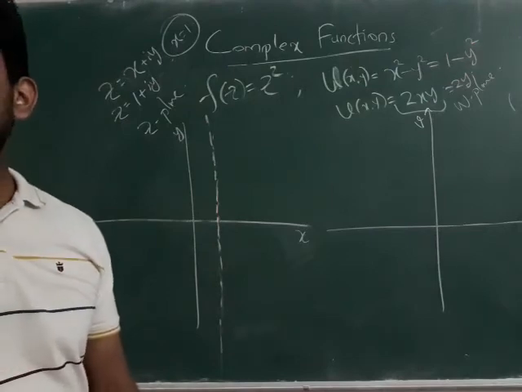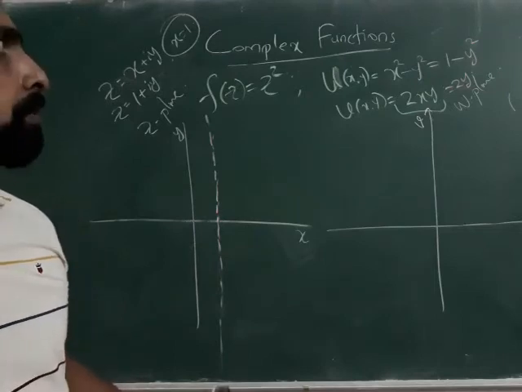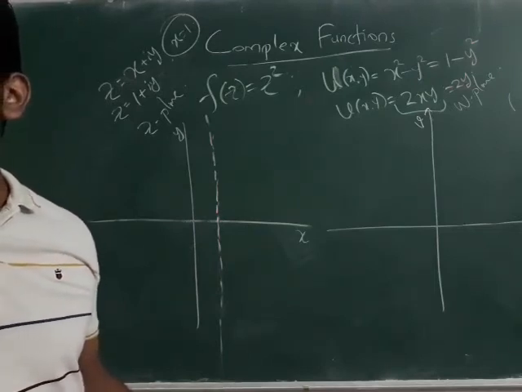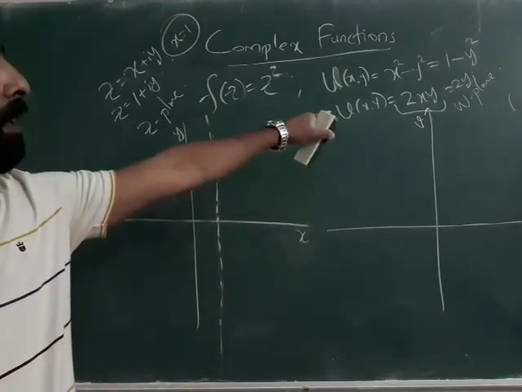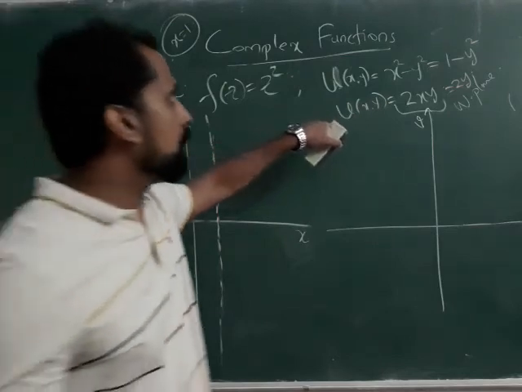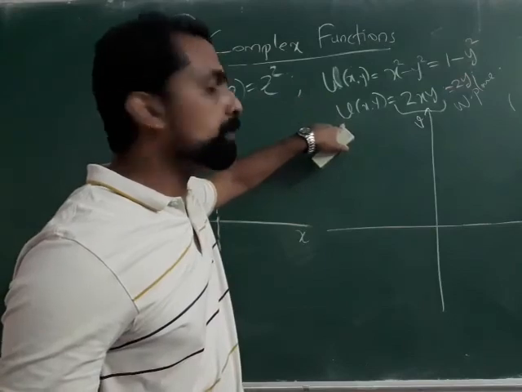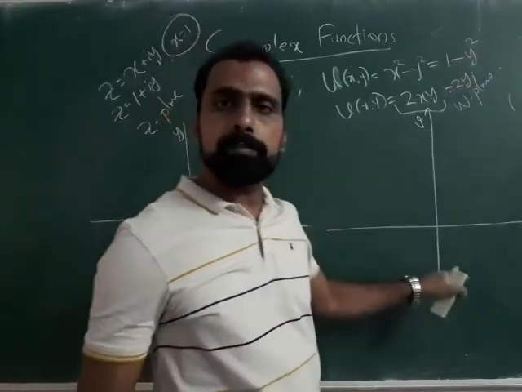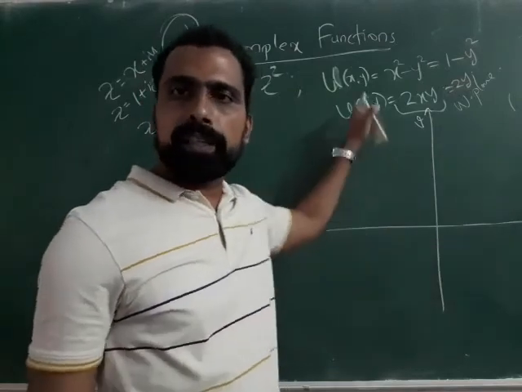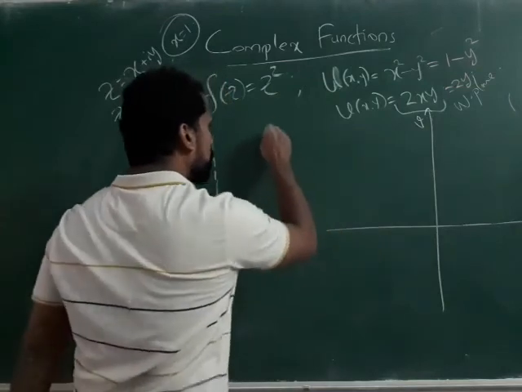Now how to draw it? That is my question, because u is equal to 1 minus y square and v is equal to 2y. I have to get u in terms of v, then only I can draw in this w plane, because my axes are u and v. So I will just substitute it.